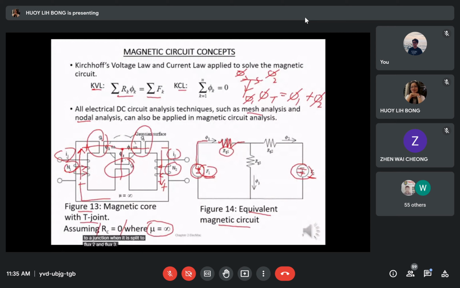For flux 2, it is on the right-hand side of the core, and we can represent the air gap reluctance, which is connected in series with MMF F2. While in the center of the core, we have the air gap 3, which is in parallel to F1 and F2. Hence, we have the equivalent magnetic circuit as shown.